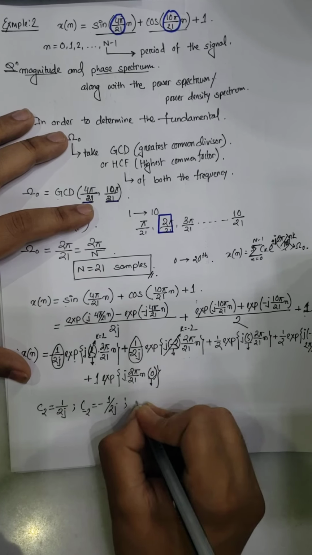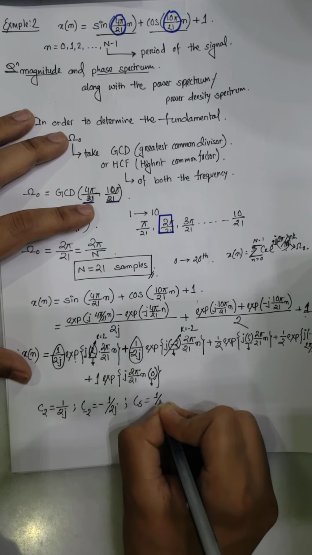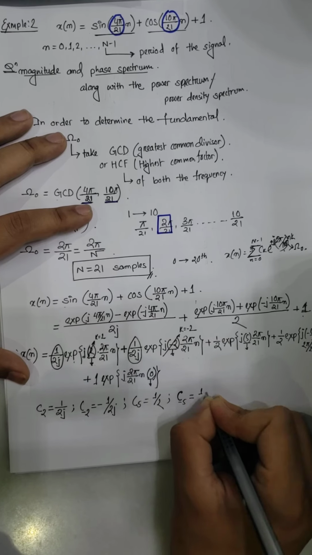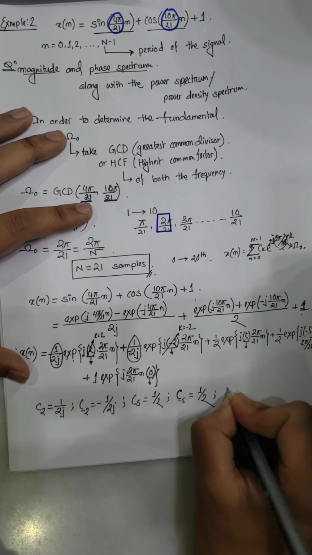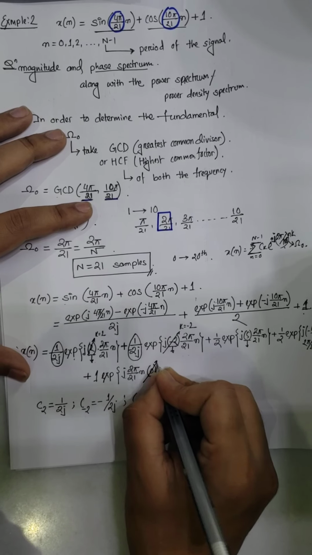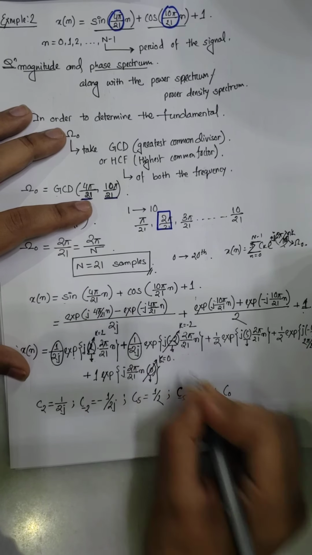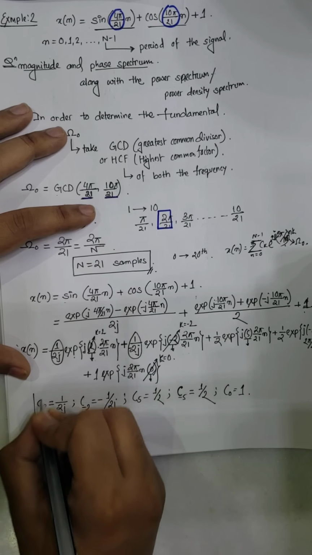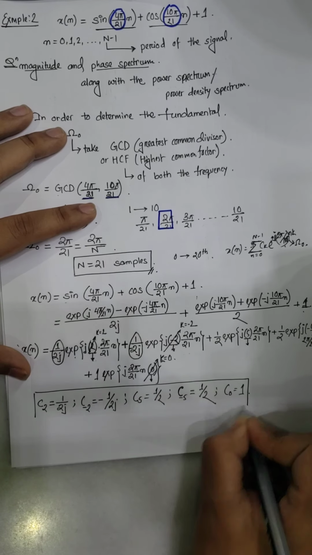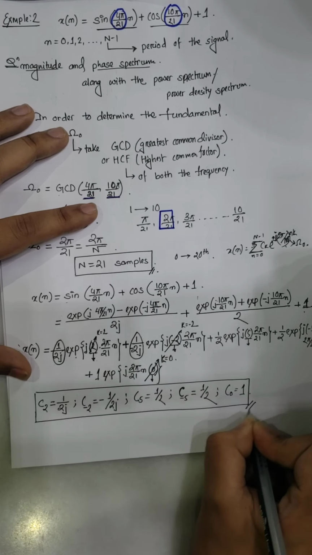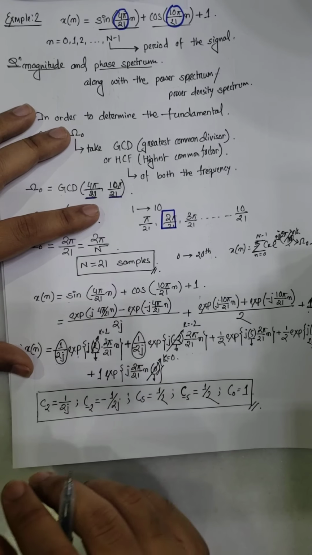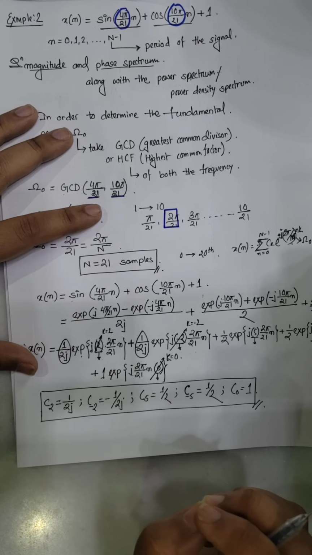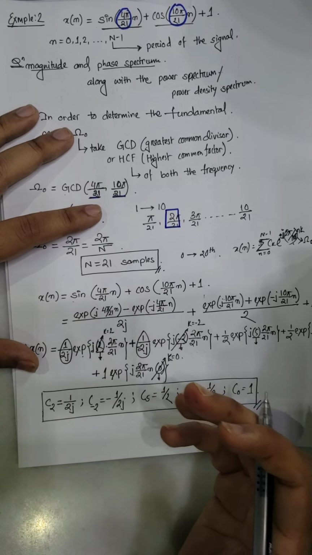And consequently, c of 5 is equal to 1 over 2, c of negative 5 is equal to 1 over 2 as well, and c of 0, that is the value where k equals 0, is equal to 1. So these are our required discrete time Fourier series coefficients. Now from these values, we need to determine the magnitude and the phase spectrum.